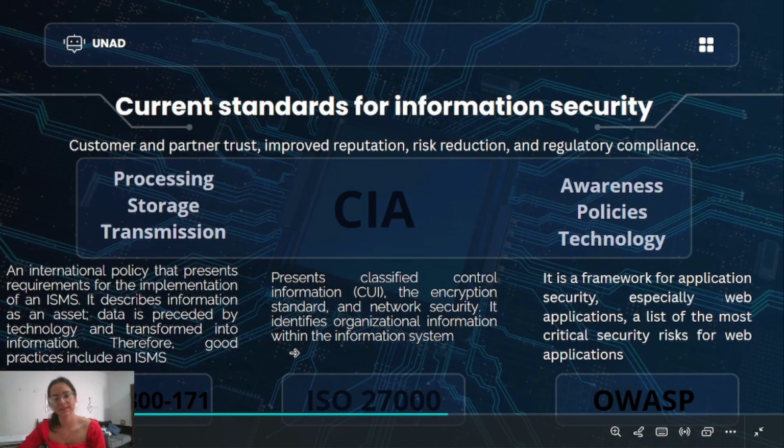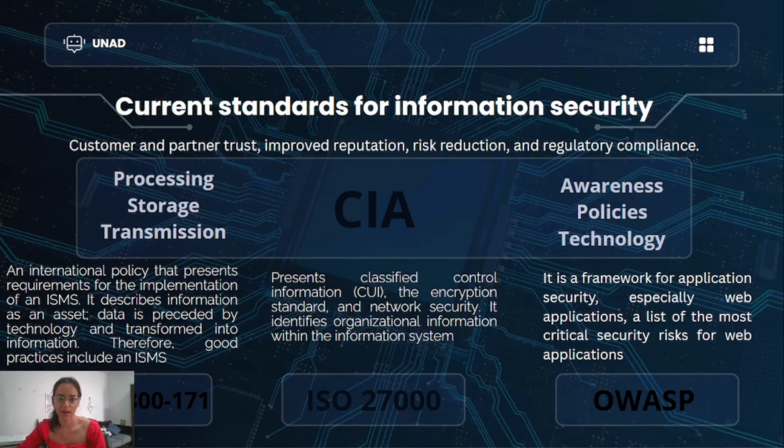ISO 27000 presents and classifies control of information, such as the encryption standard and network security. It identifies organizational information within the information system. OWASP is a framework for application security, especially web applications, with a list of the most critical security risks for web applications.